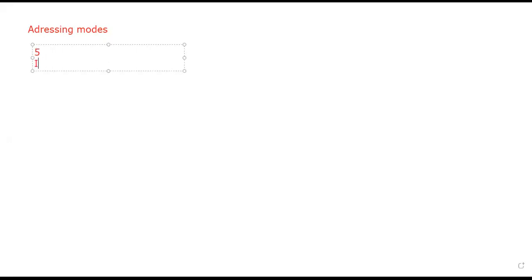First is implied addressing mode. Then next one is immediate addressing mode. Then next is register addressing mode, and after that we have direct memory addressing mode.